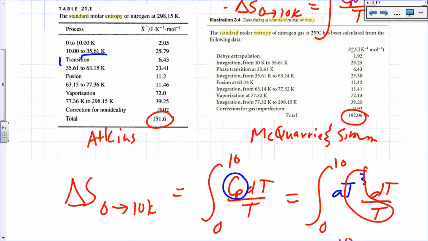Now, why did we stop at 35.61 Kelvin here? Because at 35.61 Kelvin, there's going to be a phase transition for nitrogen. Nitrogen undergoes a transition from one solid form to another, from one crystalline form to another. So where did the 6.43 come from?